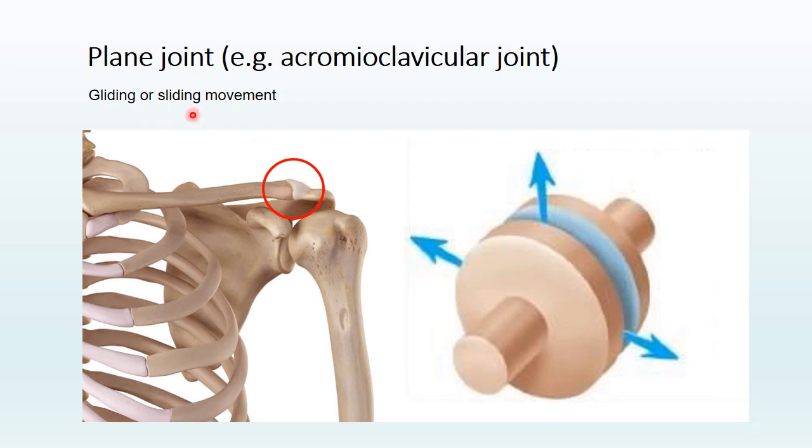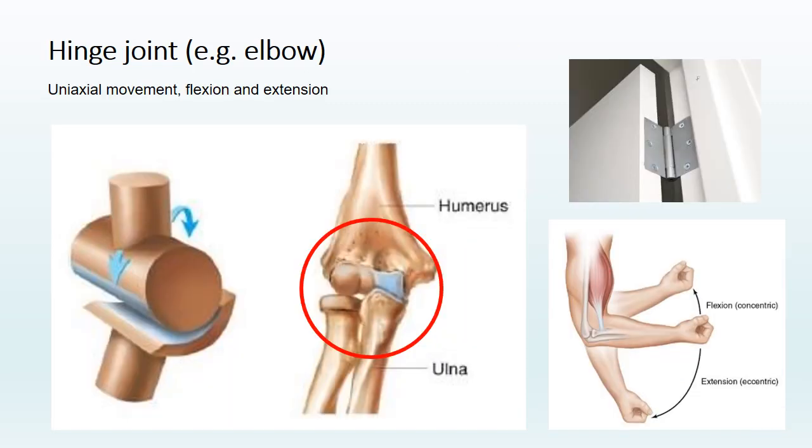Acromion and clavicle joint, a plane synovial joint. The main movement across this joint is gliding or sliding. Okay, so it is a uniaxial joint. This is the plane synovial joint.